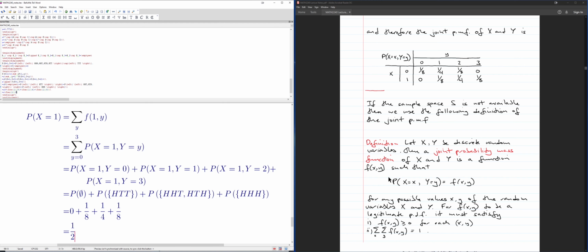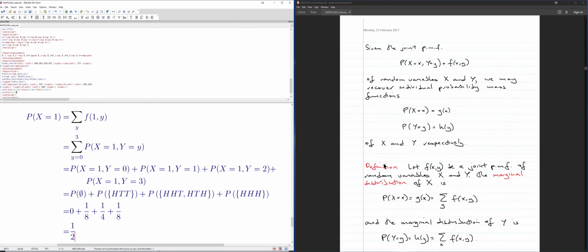Why I'm doing this is to tie in with the definition of your marginal distribution of X that's given here. The probability X is equal to 1 would be the sum of these probabilities for different cases of y, which we can put in summation notation, and you just call this joint probability f of x, y.